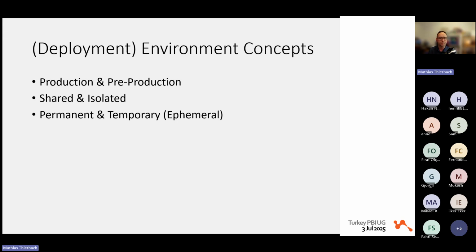And then the next distinction I wanted to make was between permanent and temporary environments. Permanent, again, production is the ultimate example here, but you may also have a shared development environment for your team that exists constantly and is always used in order to integrate changes before they go into production, which is different from temporary environments, which only live whilst one developer works on one particular feature.